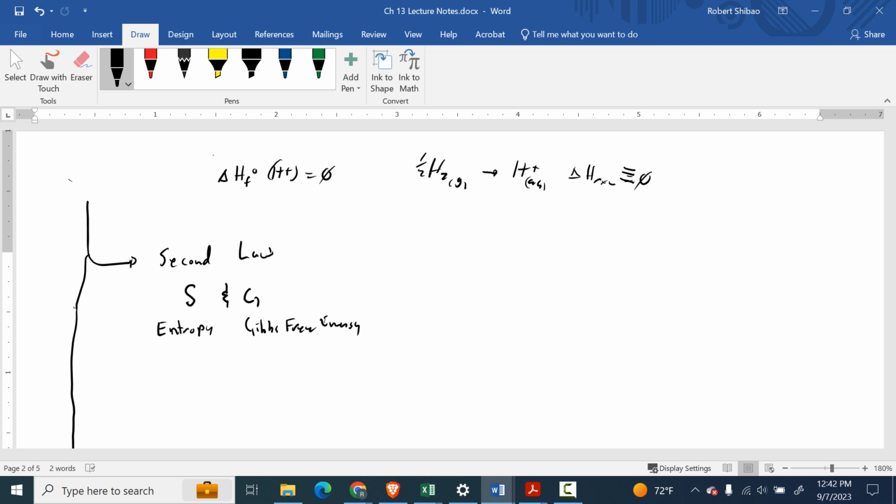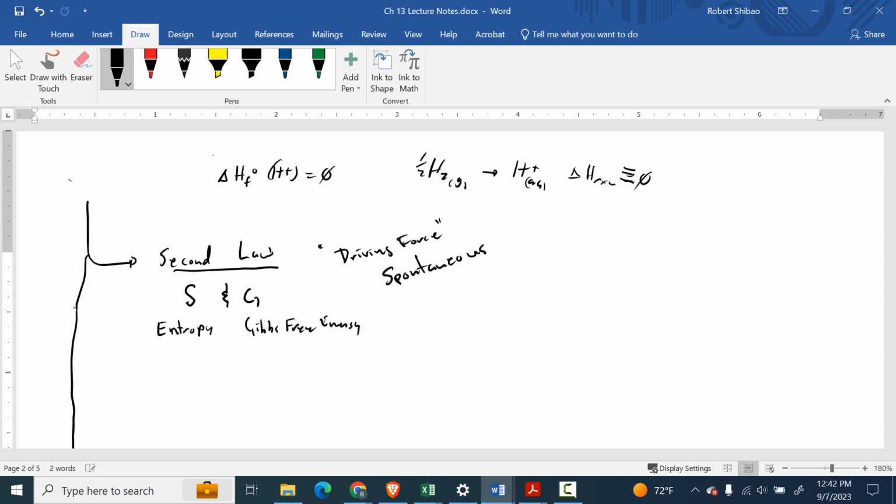Anyway, let's go to the second law. So, the second law talks about driving force. Some people don't like this term, driving force, but I'm going to use it. Driving force is what we call spontaneous.